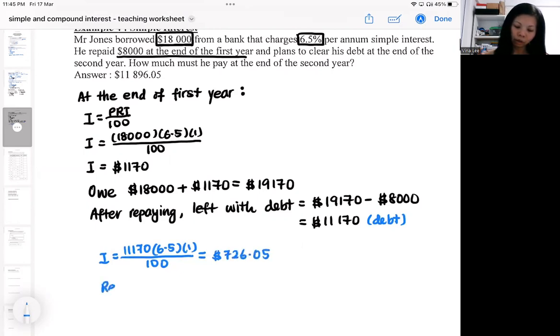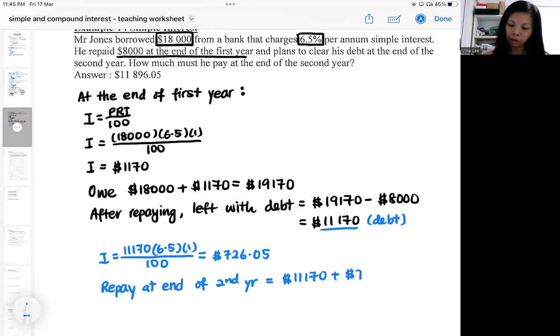So how much does he need to repay at the end of the second year? He will repay this and the extra money.